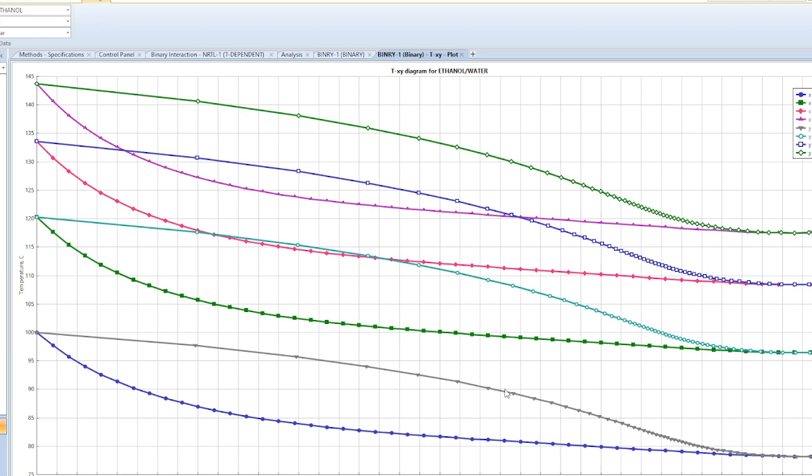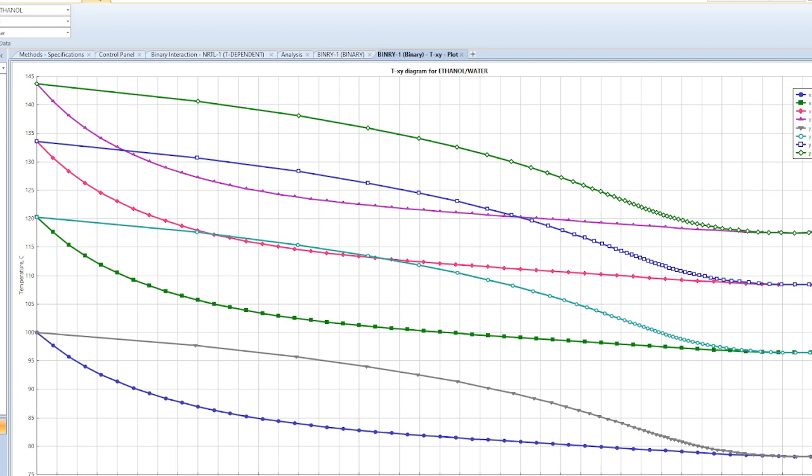The top ones, like grey, turquoise blue, Prussian blue, and olive green, are all hollow. These show the Y. Y means the vapor mole fraction.